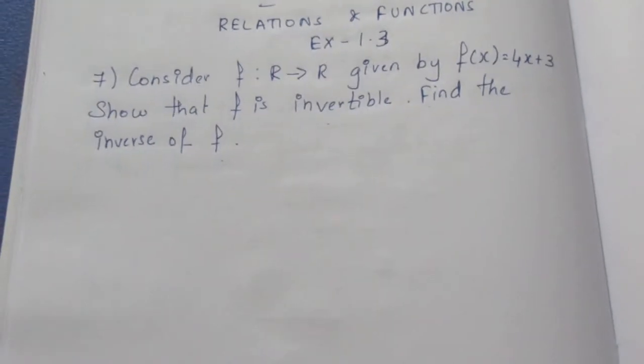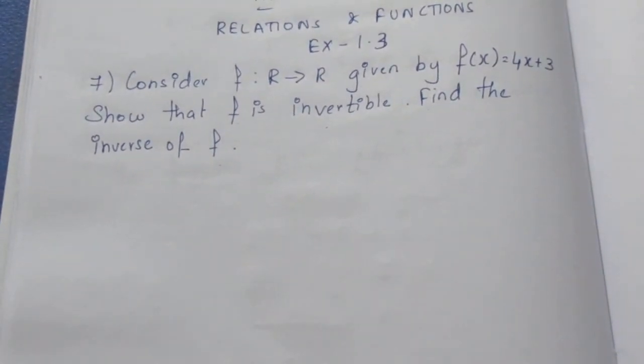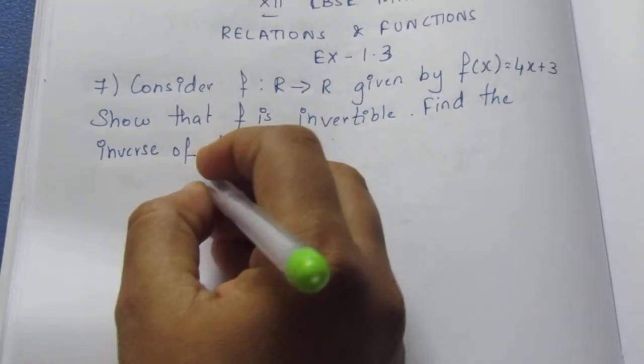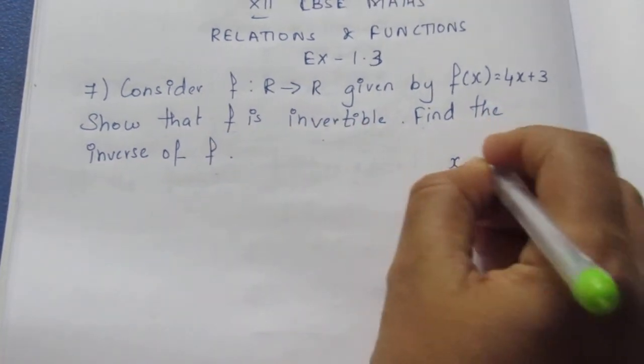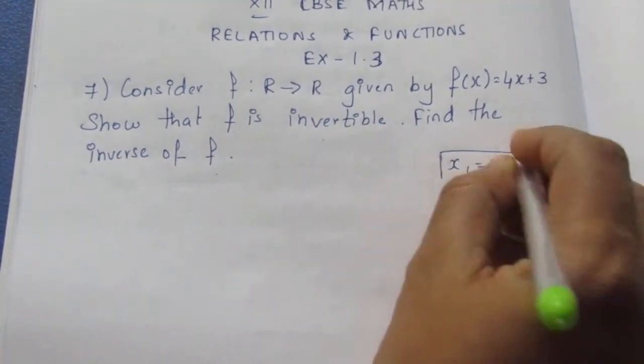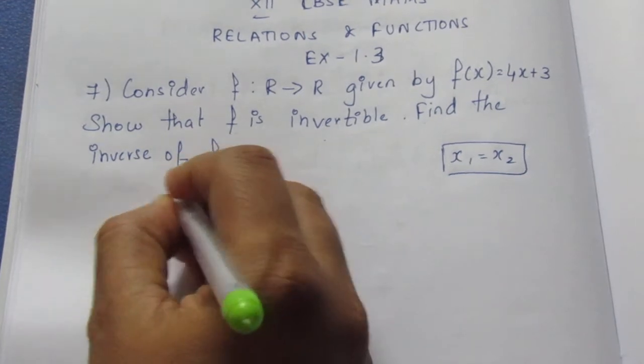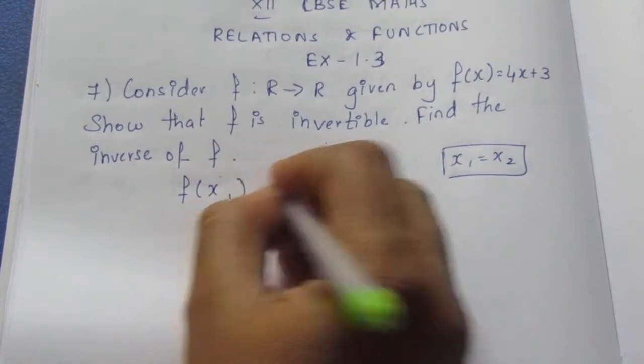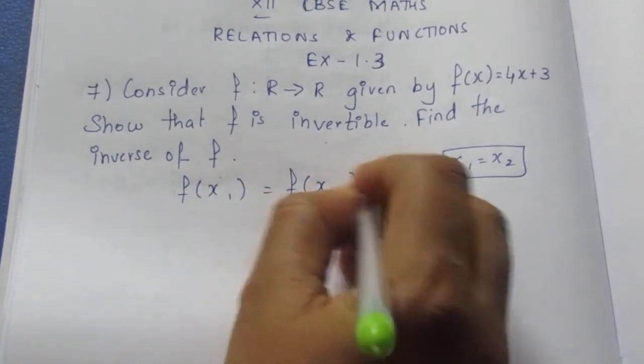Now, to show that it is one-to-one and onto, you know the procedure: for one-to-one, x1 is equal to x2. So let us start with f of x1 is equal to f of x2.